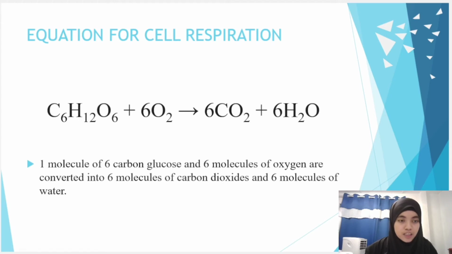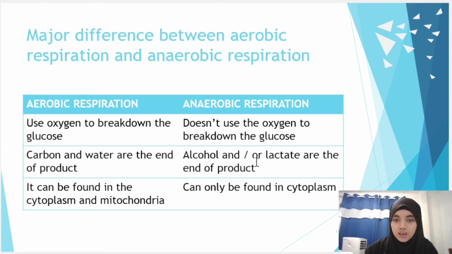However, in anaerobic respiration, alcohol or lactate are the end products. Also, aerobic respiration can be found in the cytoplasm and mitochondria. However, anaerobic respiration can only be found in the cytoplasm. There is no anaerobic respiration in mitochondria, only cytoplasm.